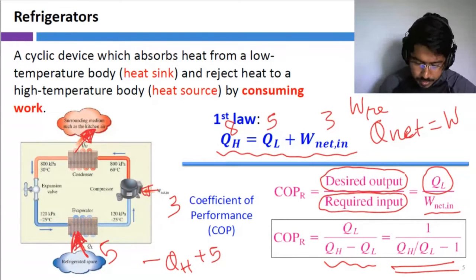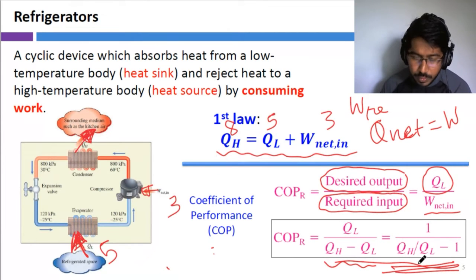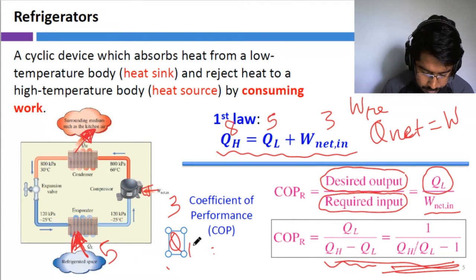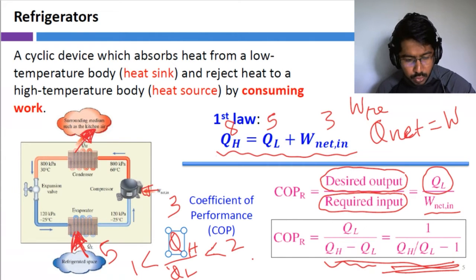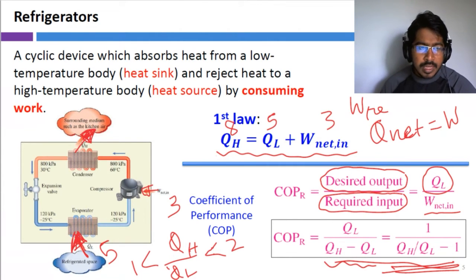if you look at the bottom right hand corner here, you can see that if QH over QL is less than 2 and greater than 1... QH over QL is always greater than 1, because QH is the sum of QL plus W net, right?